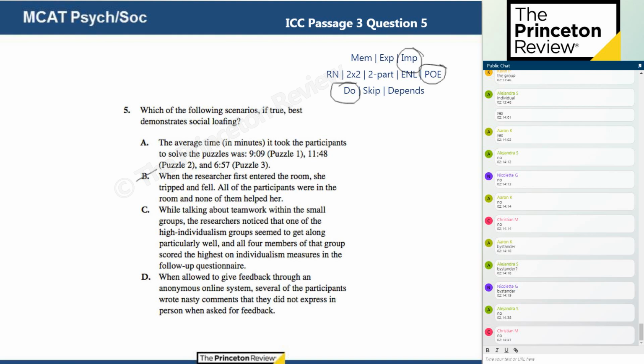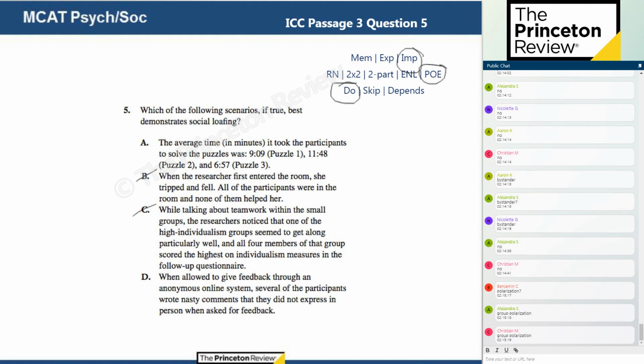Yeah, no. What does that demonstrate? Yeah, polarization.